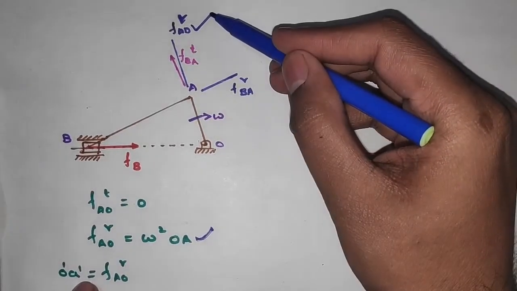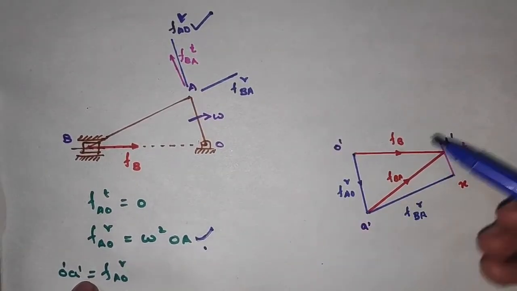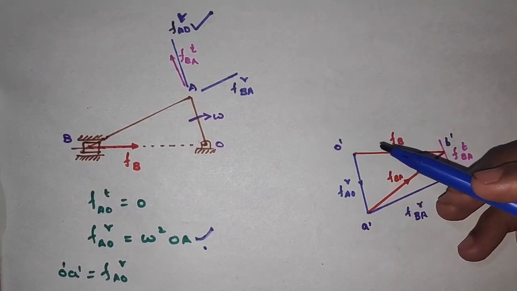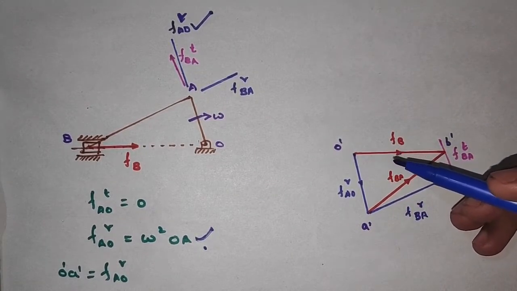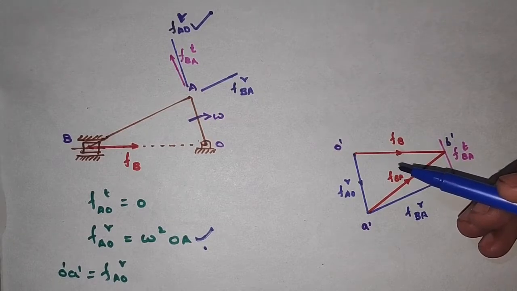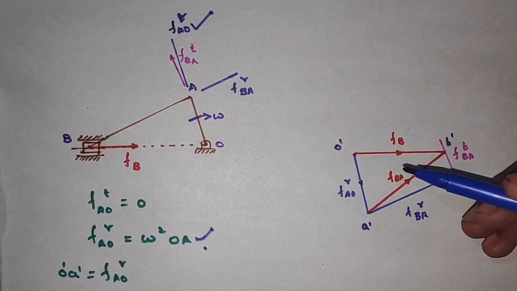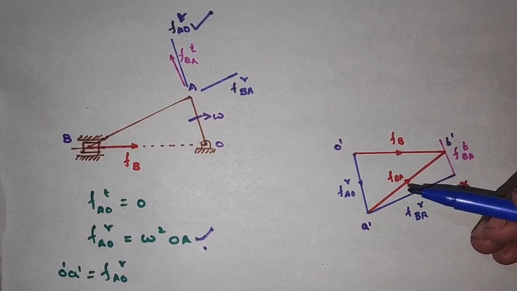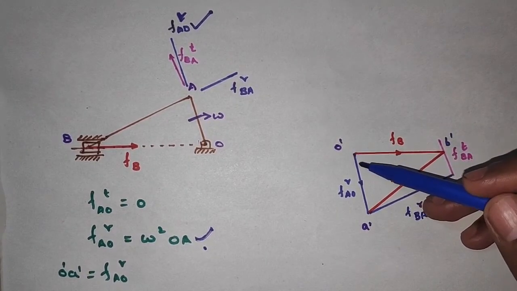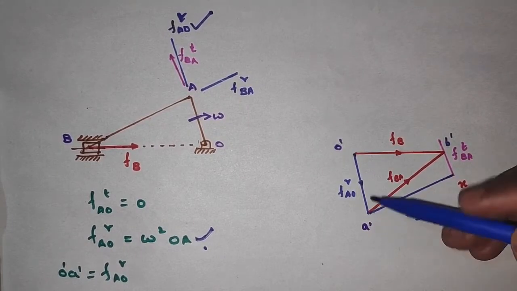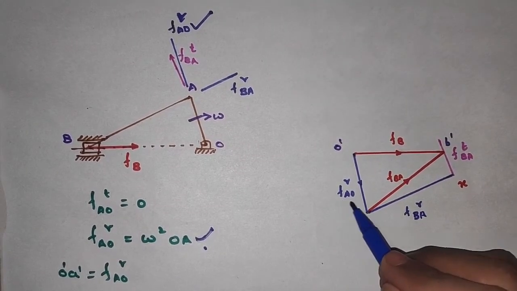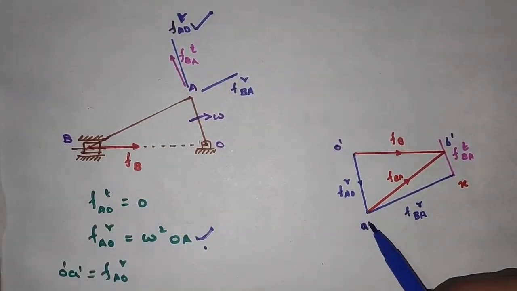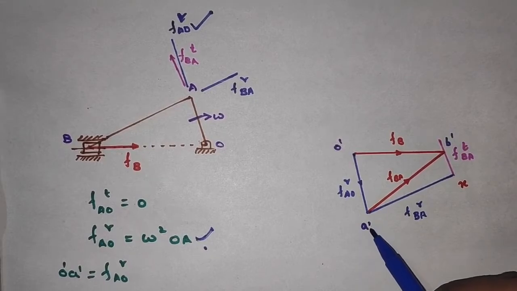So the direction is known and the magnitude is known, and we draw it using a suitable scale. How to use this scale we'll see in detail when we take up examples on determining the acceleration of a slider crank mechanism. Upon taking a suitable scale, we draw O dash A dash. This is the radial component of the acceleration of the crank AO. So here we get the point A dash.